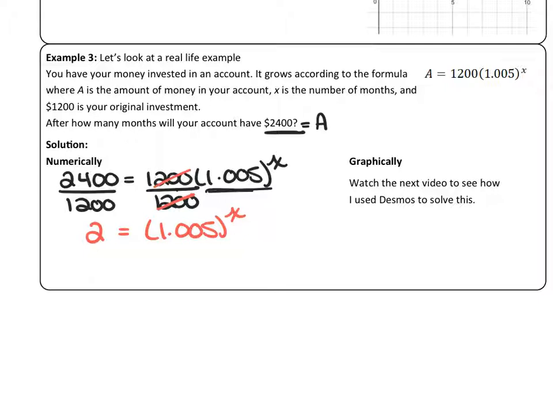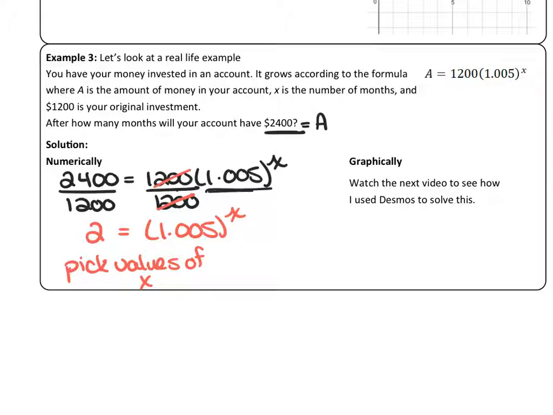Now basically we're going to do the same thing we did above, and we're going to use trial and error. We're going to pick values for x so that when we do 1.005 to the x, we're going to get 2. So it may take a while again. So try a few.